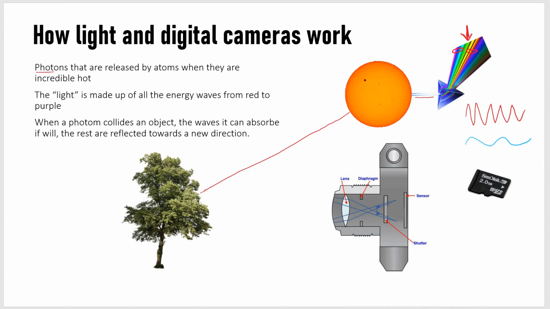That green wave will then be reflected from the leaf and travel in another direction. When your eye is looking at the leaf, so this is your pupil here, the green light enters your eye and you're able to see that green wave, which is the reason why leaves are green.